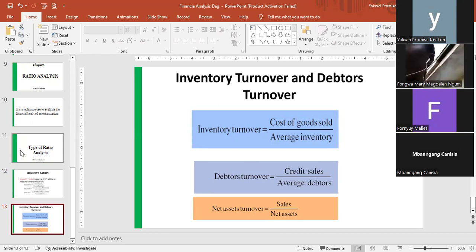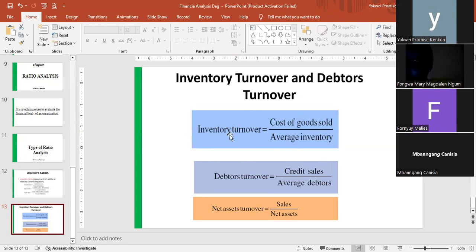All right. So the next type of ratio that we are going to look at is the inventory turnover or debtors turnover ratio. So the first one, I have the inventory turnover ratio.